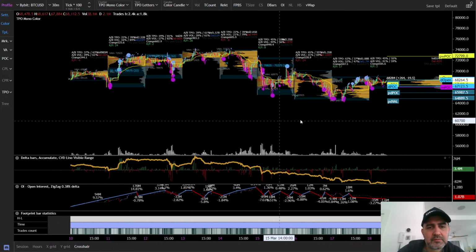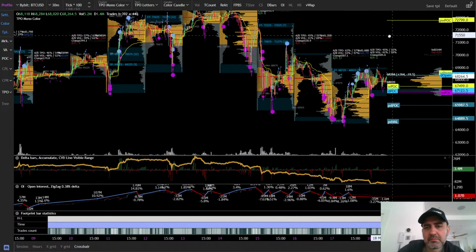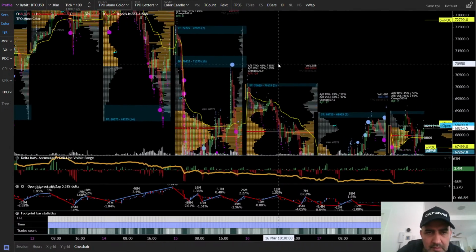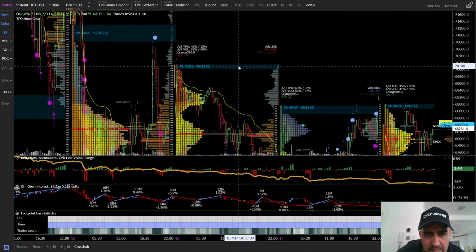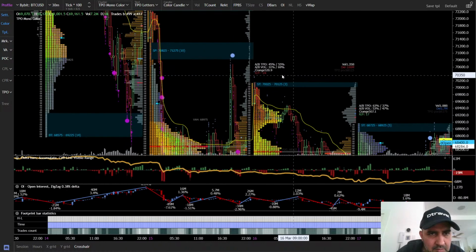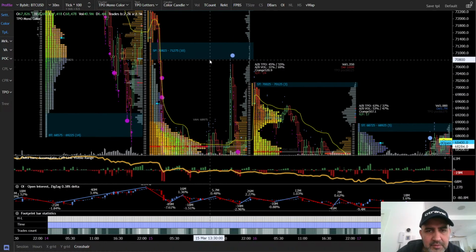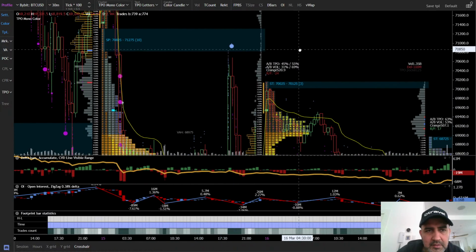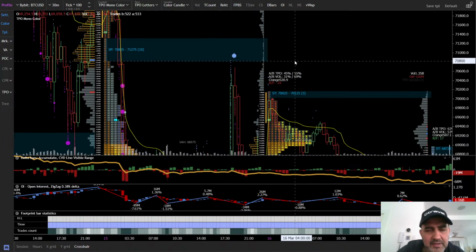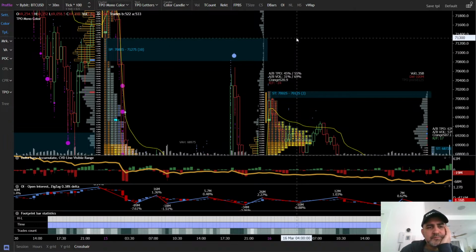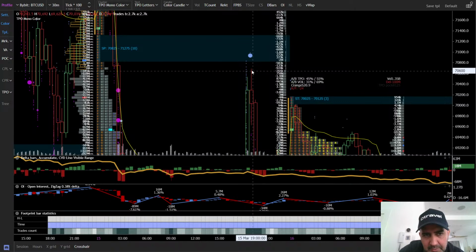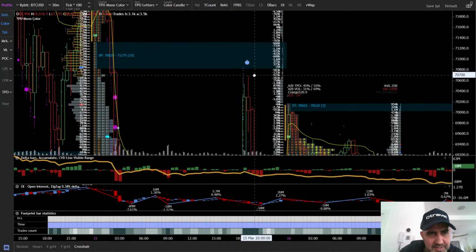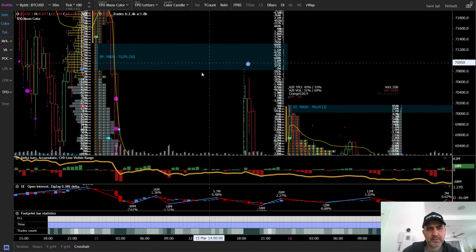70825. That's been traded through, no? Oh no, it hasn't. It's held. See that? Yeah. Interesting how it hasn't even touched it. It was front run. That's interesting. Okay.